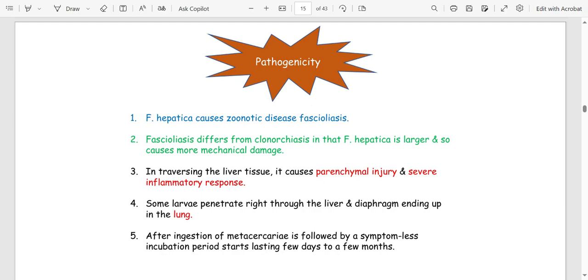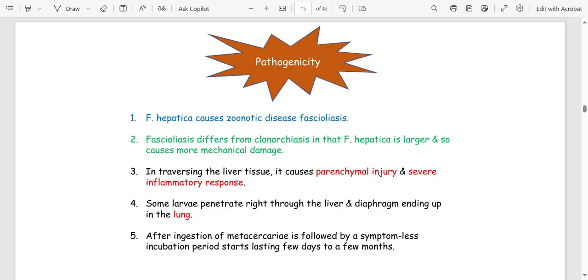And because remember we said that another liver fluke causes clonorchiasis, fascioliasis is different from clonorchiasis in that Fasciola hepatica is larger, and so it causes more mechanical damage. But really the infection is more similar because they are both liver flukes, Fasciola hepatica and Clonorchis sinensis.